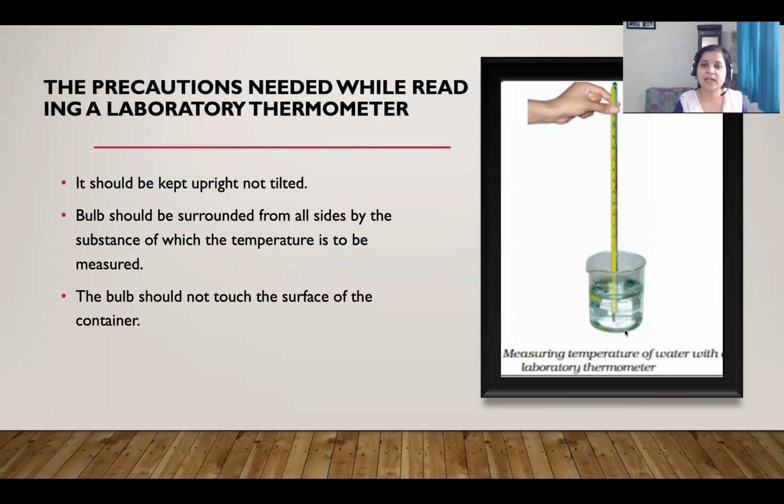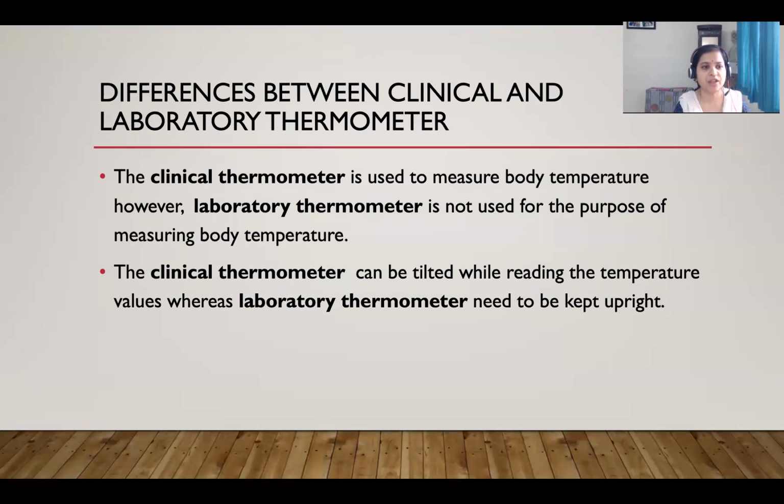Okay, so what are the differences between the clinical and the laboratory thermometer? The clinical thermometer, as you all know, we use to measure body temperature when we have fever, but the laboratory thermometer we cannot use to take body temperature. Understood? The clinical thermometer can be tilted, not a problem while taking the temperature, but the laboratory thermometer should always be kept upright.